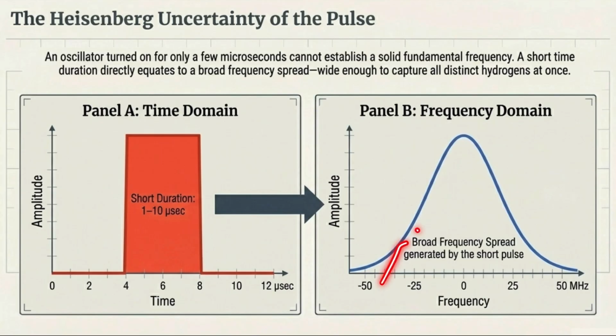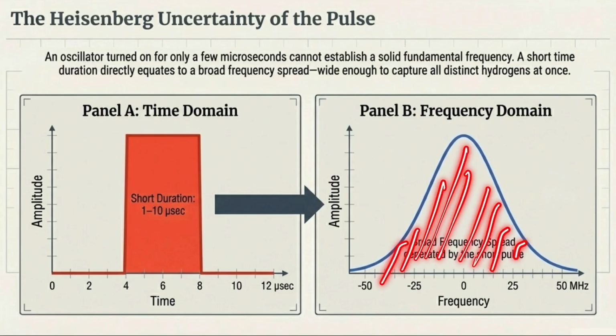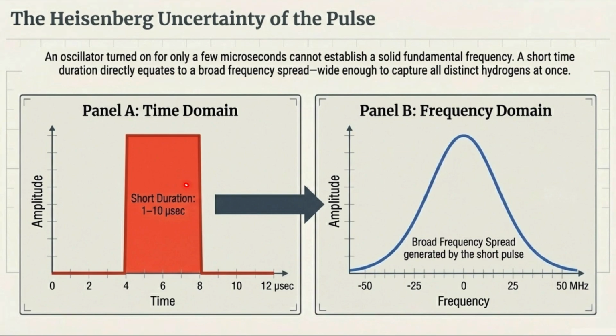This collection of frequencies is produced because when we switch the radio frequency oscillator on and off for 1 to 10 microseconds, it is not strong enough to produce exactly 90 megahertz energy for a longer period. Instead, it produces a burst of frequencies, which is enough to capture all distinct types of hydrogen signals at a single time.